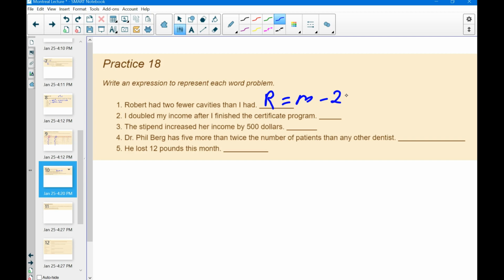I doubled my income after I finished the certificate program. So your income becomes 2 times your income before the program.